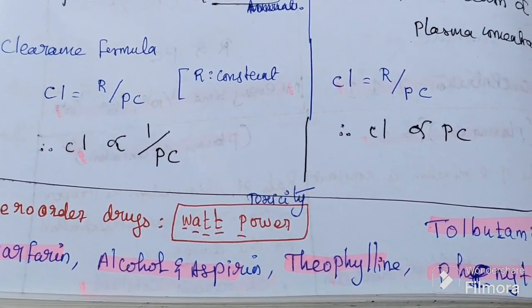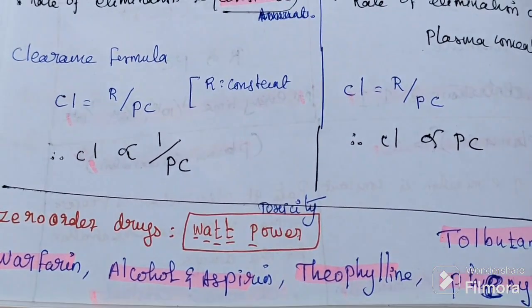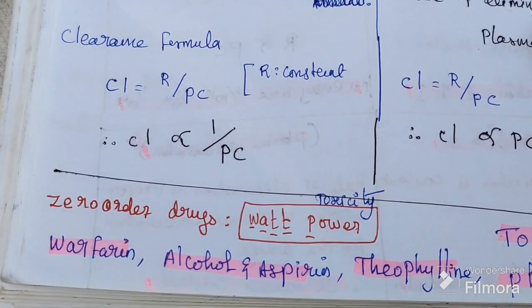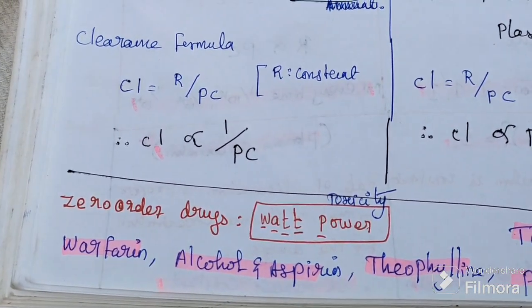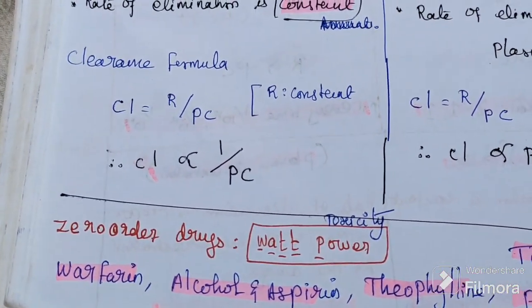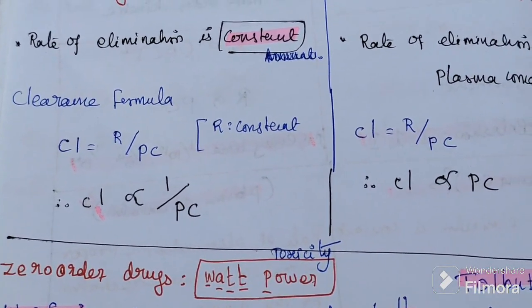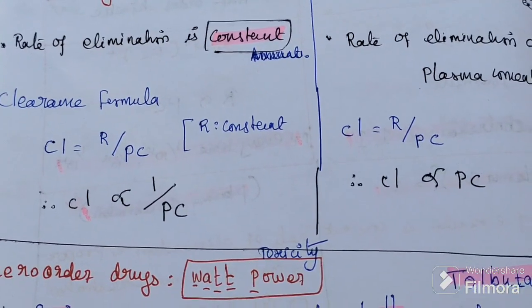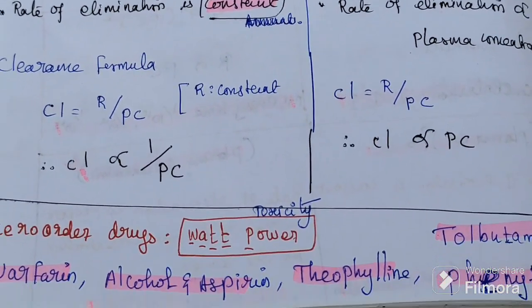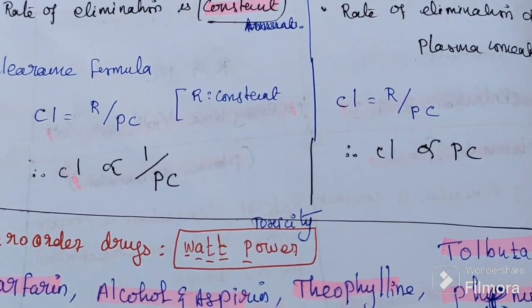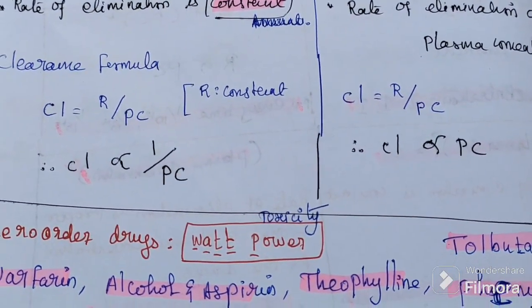Which drug is dangerous? Zero order or first order? Zero order only. By mistake, a patient increases the dose without consulting a doctor. The doctor asked the patient to take only a 10 mg tablet, but the patient takes 100 or 1000 by mistake.